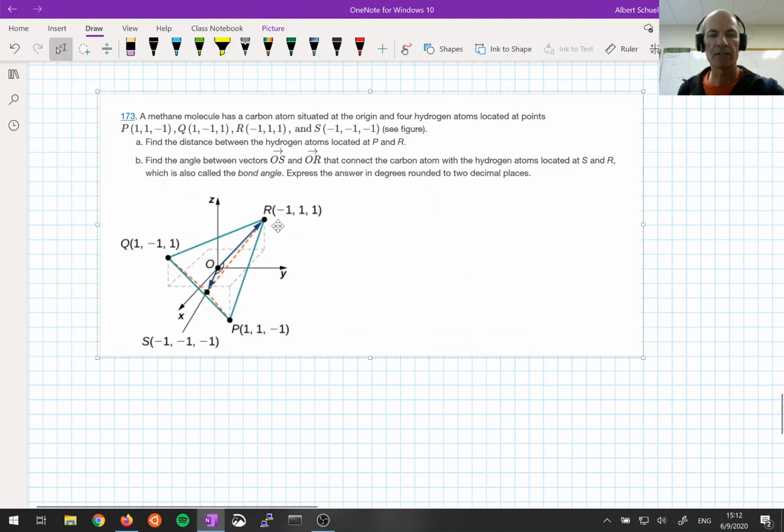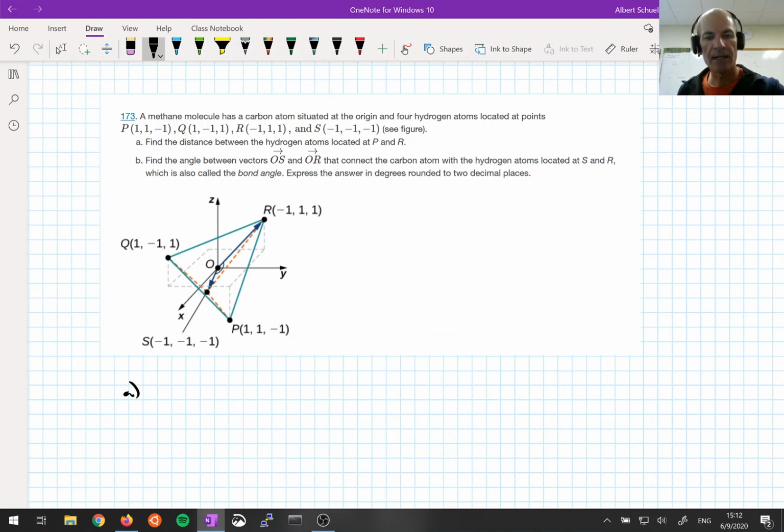They're equivalent processes. So in A, let me change back to black here. In A, we're just going to look at the magnitude. Let's look at the vector from P to R. So we have P, R is the vector -1, -1, 1, -1, and 1, -1.